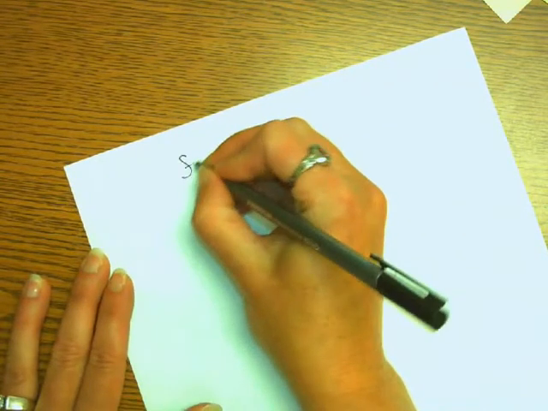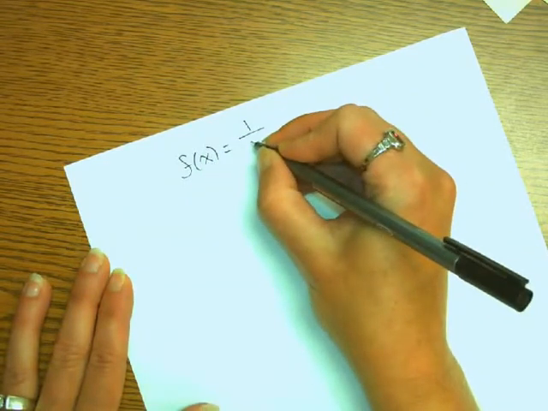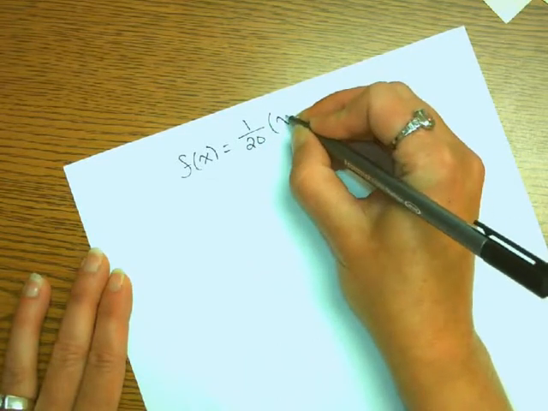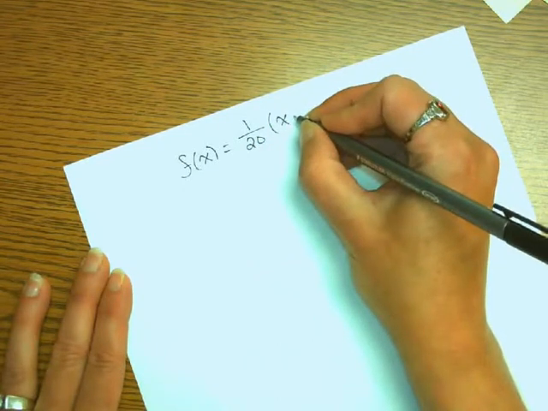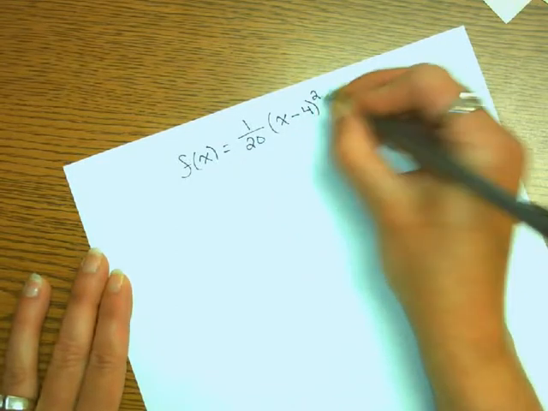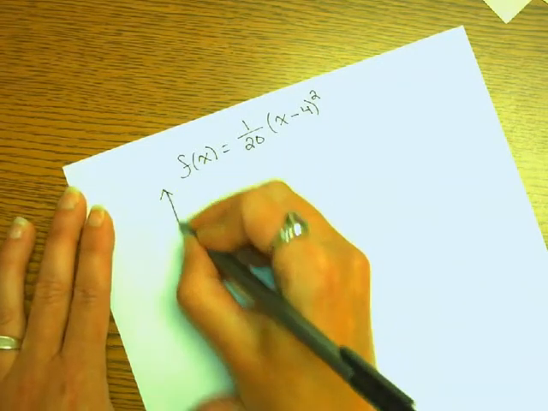So let's do a really good one. f(x), y equals, doesn't matter, 1 over 20 times (x minus 4) squared. Yeah, and that's all I'm doing. That's a parabola.